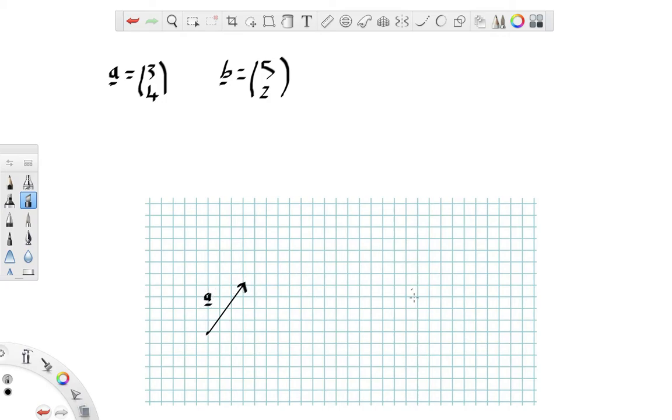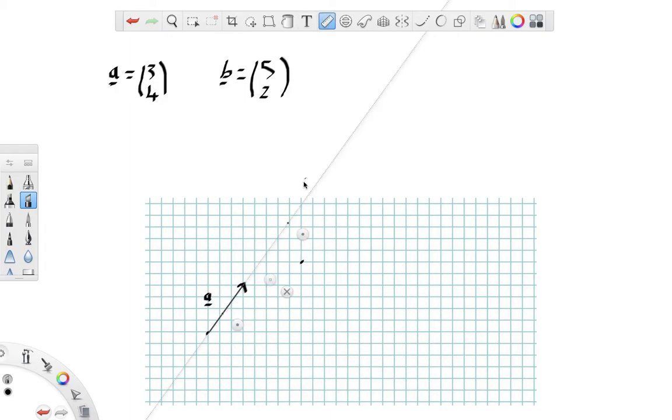And then we'll do B over here. In fact, actually, no, what we'll do is we'll do B onto A like this, because we're adding the vectors together, so we know that that's what we do. So B says to go across 5 units, so 1, 2, 3, 4, 5, and then go up 2, so 1, 2. So this is the vector B here.